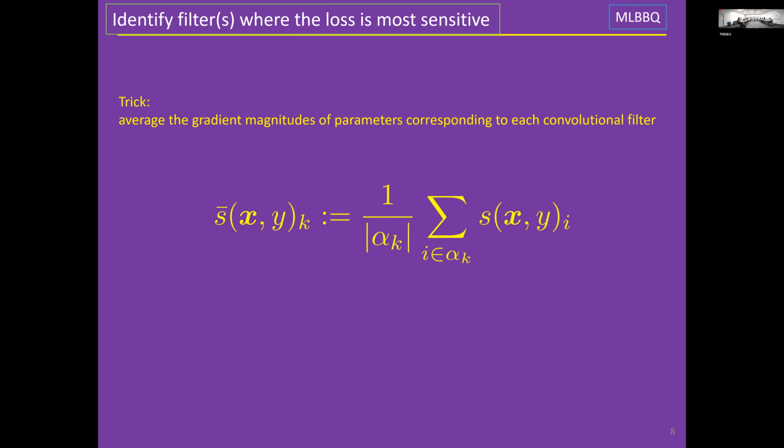So for assigning a particular saliency value to a filter, they are summing all of the absolute values, that is, averaging the gradients of each filter. For example, here we are showing the saliency value for the k-th filter, and alpha k is the set of parameters of that filter, including the bias value.